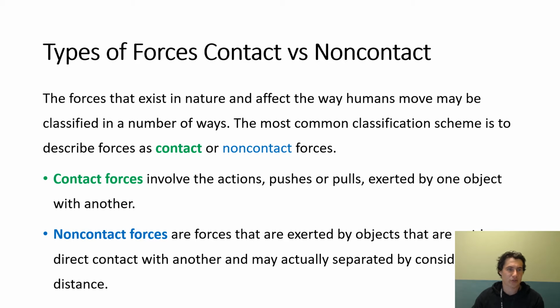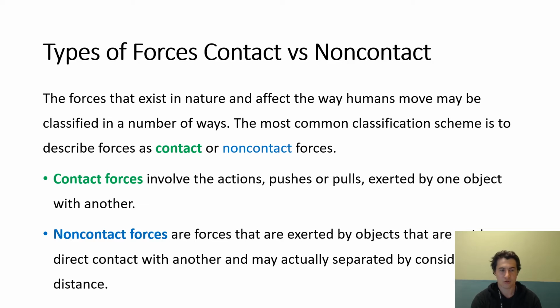So types of forces, we can split it into contact and non-contact. The forces that exist in nature and affect the way we move as humans can be classified in a number of ways, but the most common classification is to describe forces as contact or non-contact.